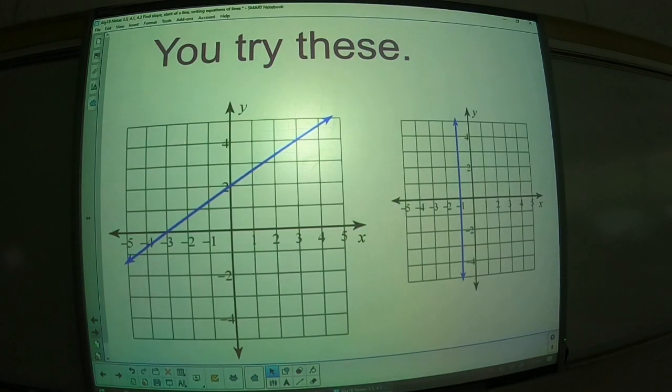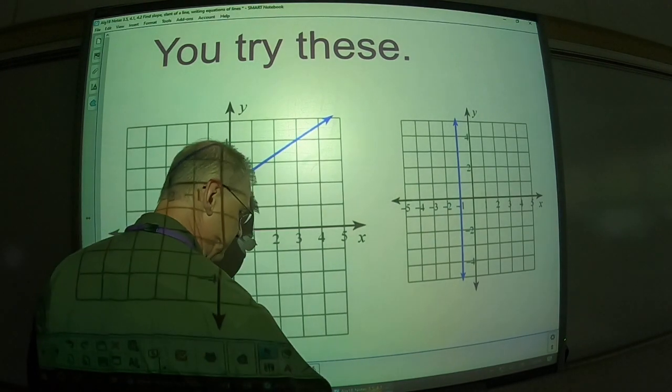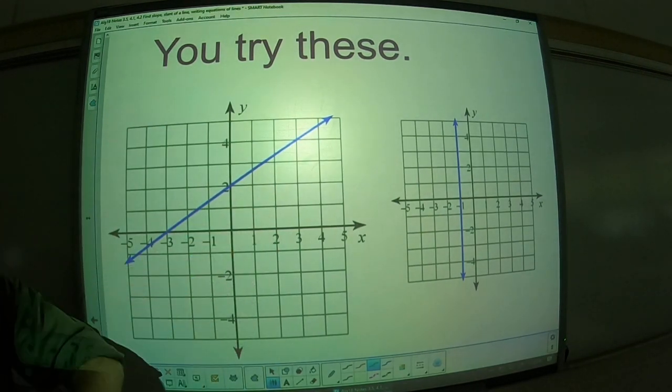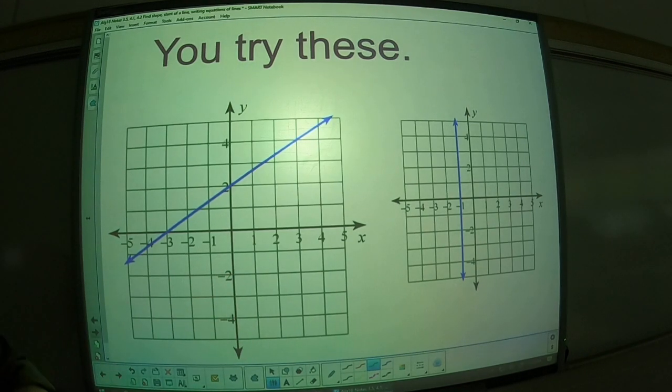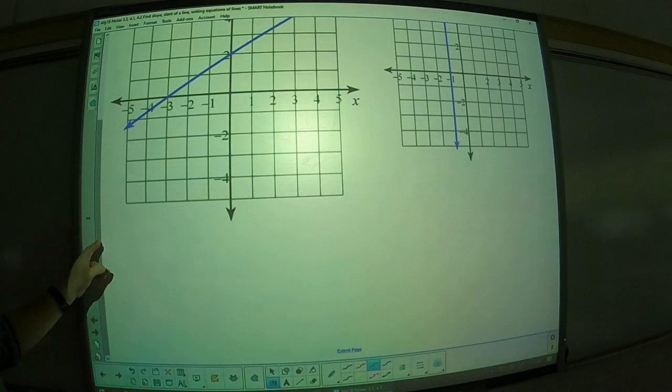Our next examples, I want you to try on your own to find the equation of a line. You may begin. Now, you may have had some difficulty with the second one, and we'll talk about that one, and it's okay if you had a little trouble. But for now, let's take a look at this first one.